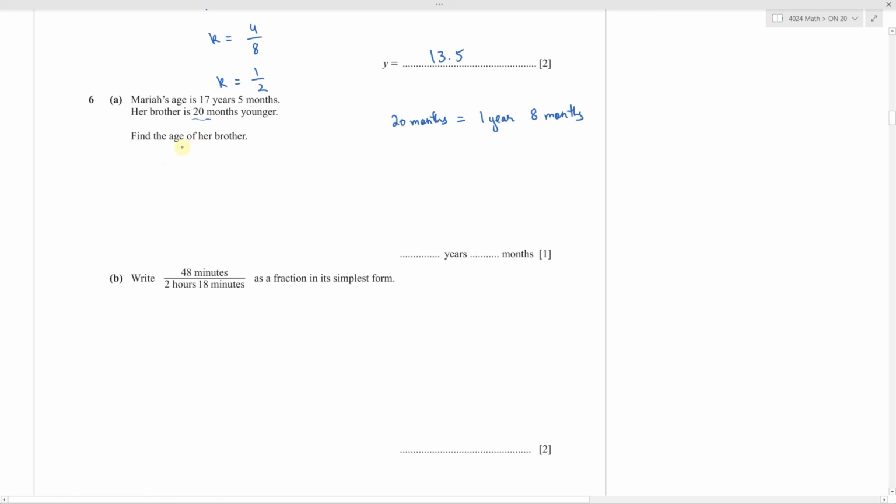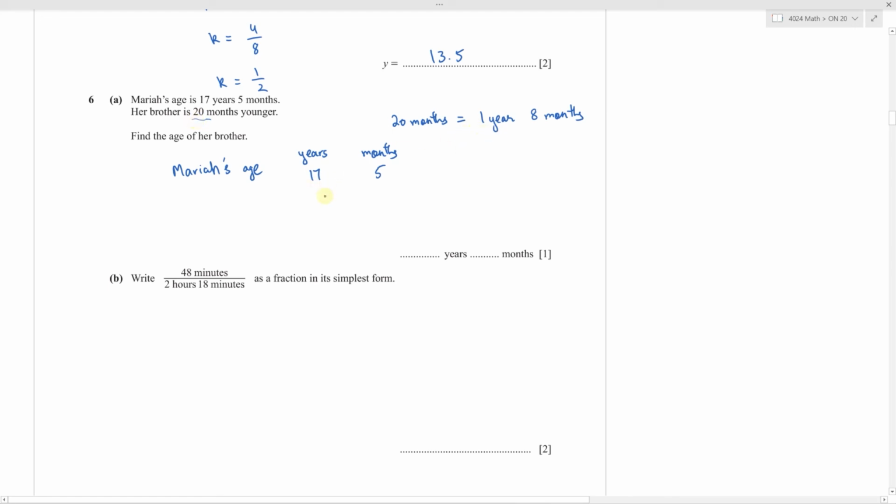So we have to find the age of Maria's brother. So let me write down Maria's age. You have years and months. So this is 17 years and 5 months. And then you have to subtract, because her brother is 20 months younger.